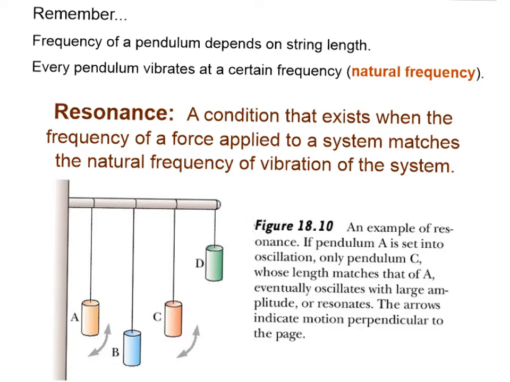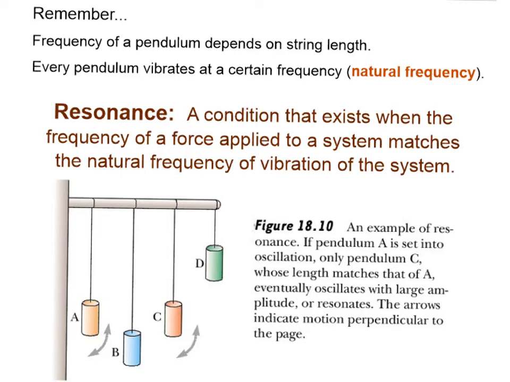Some of that energy is going to be transferred to this pendulum because since both of them have identical string lengths, they both oscillate. They both have the same natural frequency. So one of them oscillating is going to begin to set the other one into motion as well and transfer some of that energy to it.